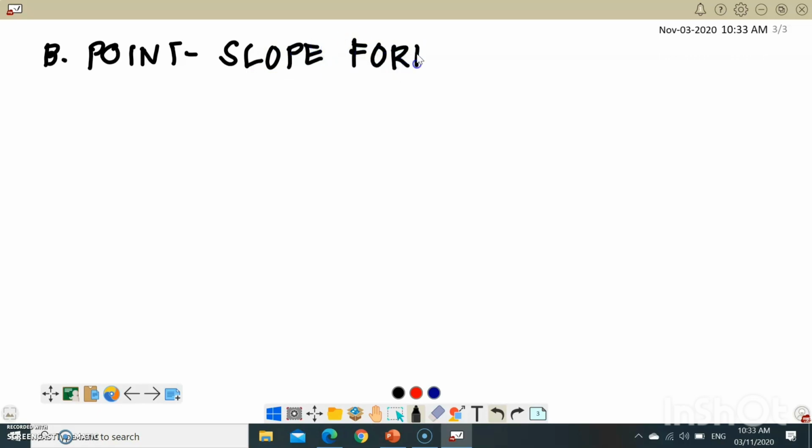Another form wherein you can write linear equations in two variables is the point-slope form. In the point-slope form equation of the line, we use the form y minus y sub 1 is equal to m multiplied by x minus x sub 1.